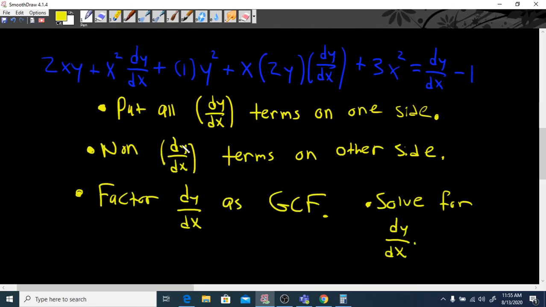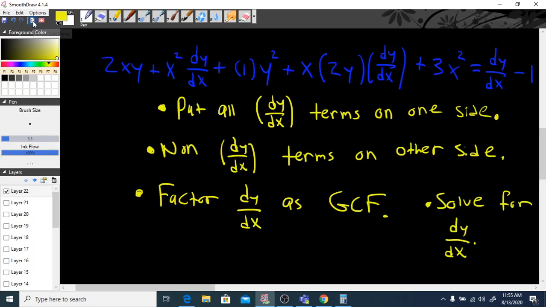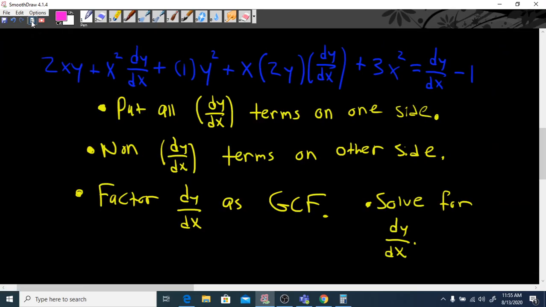Okay? So that is what we're going to do. So let's look at what we have. Does this term involve dy dx? It does not, so it's going to move. So what I'm going to do is show each little step that I'm going to take. I'm going to subtract 2xy from both sides. Boom. Done. This term has dy dx, so I'm going to keep it on the left-hand side.